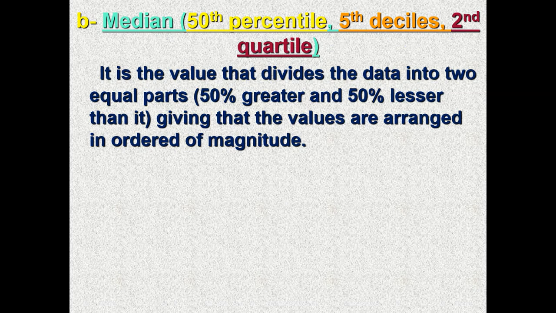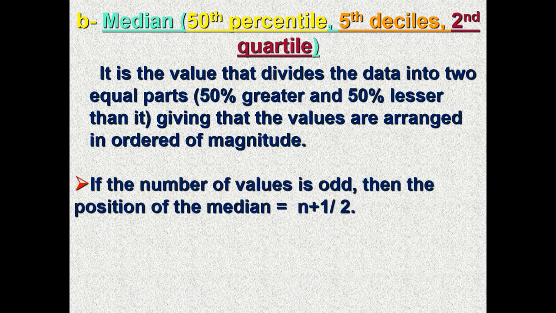It's the value that divides the data into two equal parts, 50% greater and 50% lesser than it, given that the values are arranged in order of magnitude.